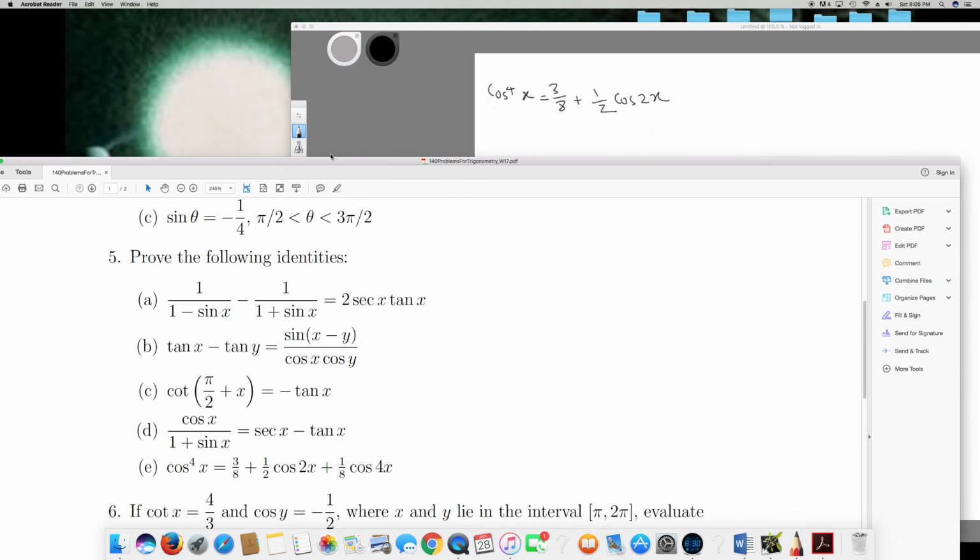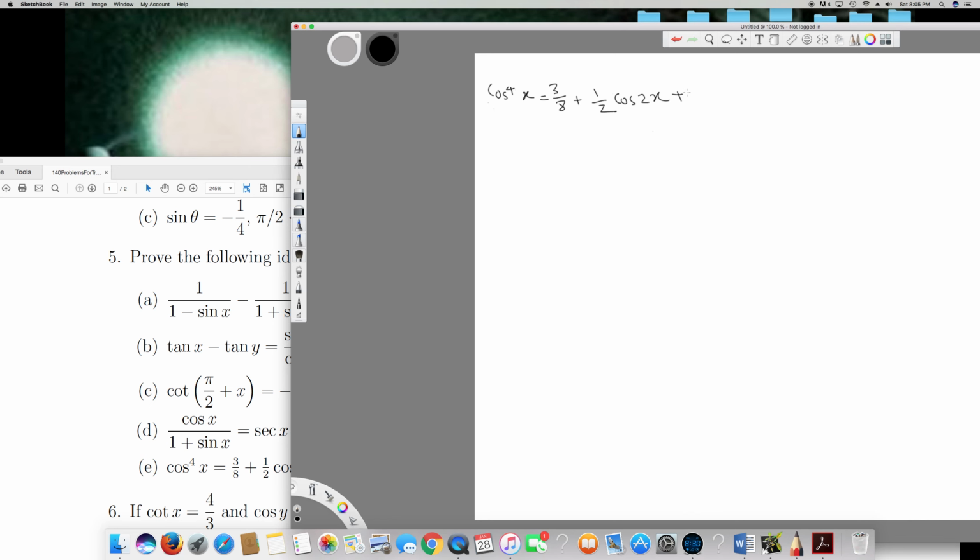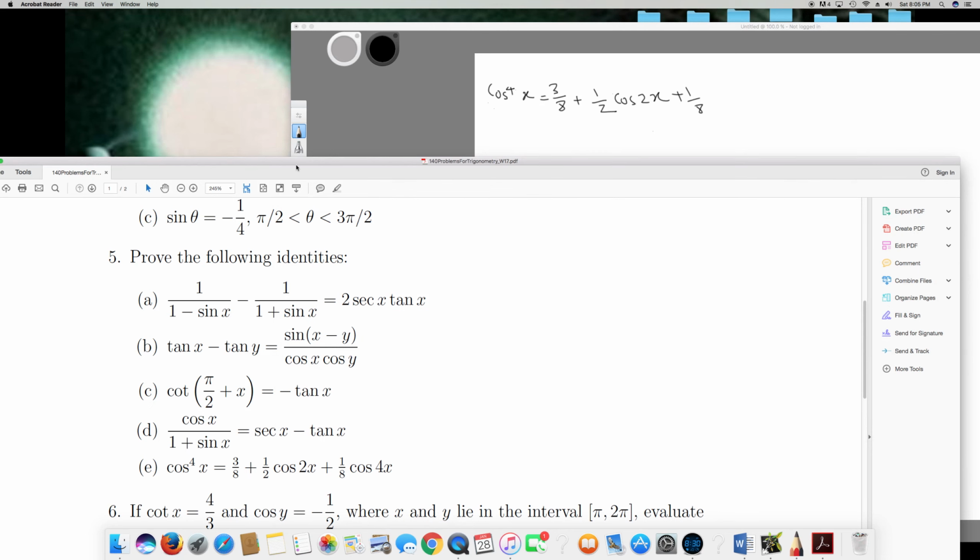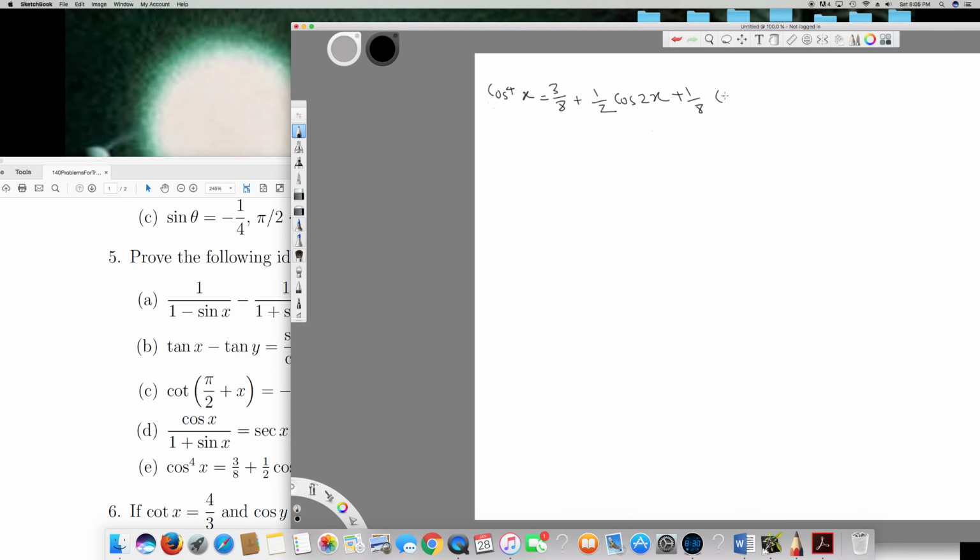So I'm going to write the question on top. Cos 4x equals 3 over 8 plus half cos 2x plus 1 over 8 cos 4x.